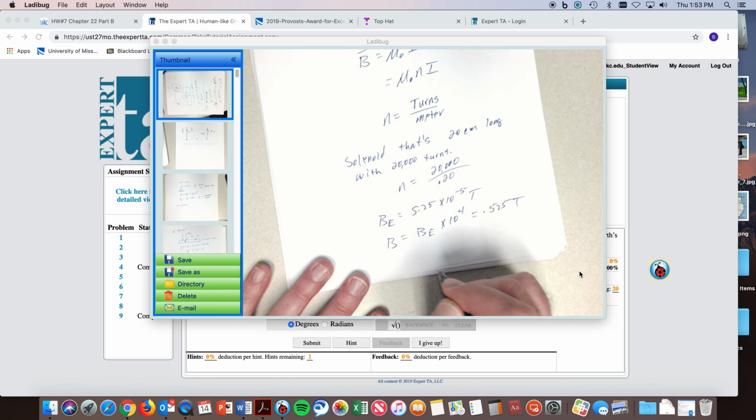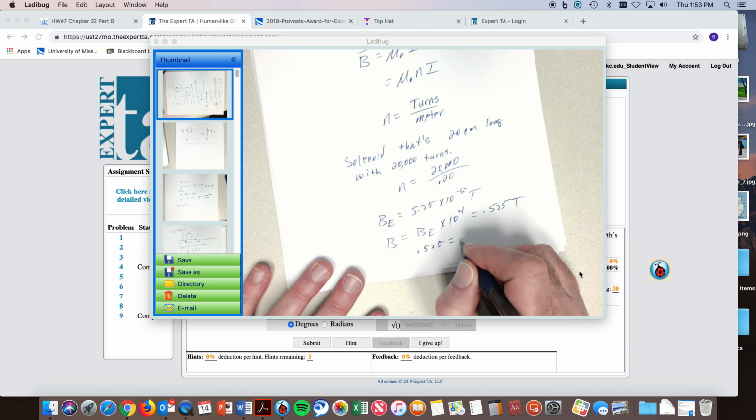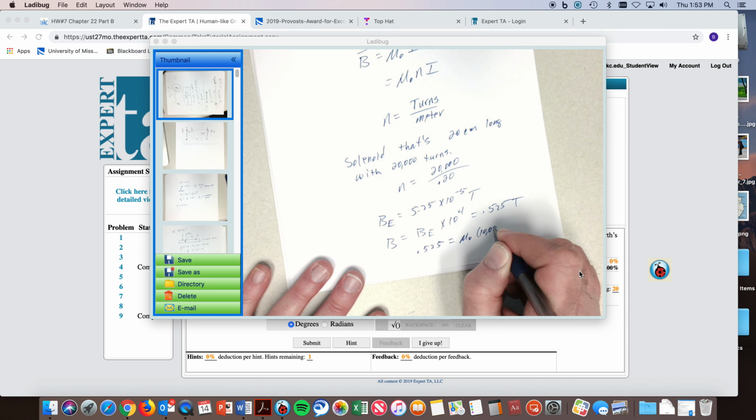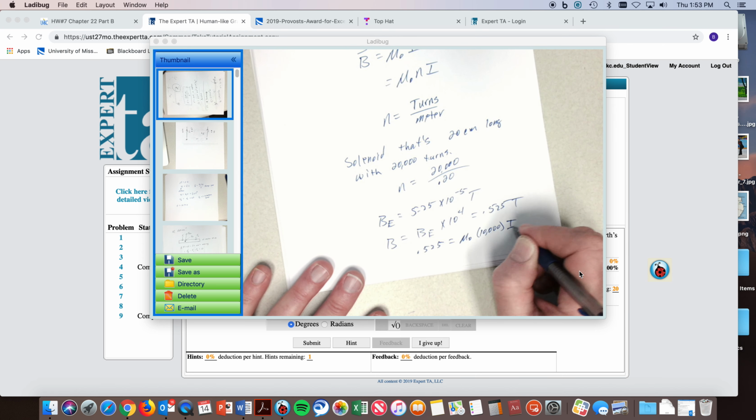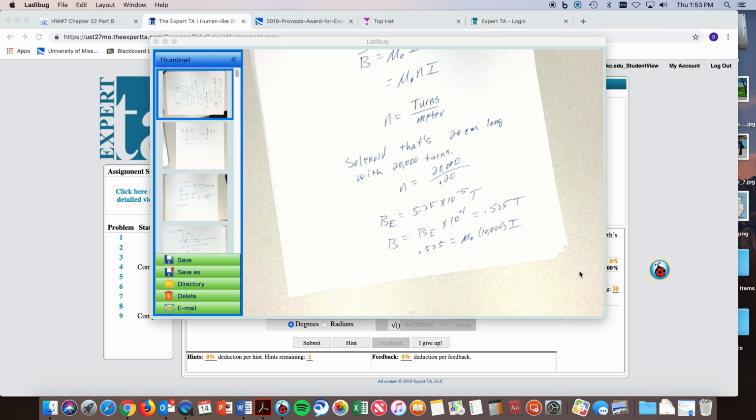So we've got 0.525 is equal to mu naught times 10,000 times I, which is kind of a screwy number.